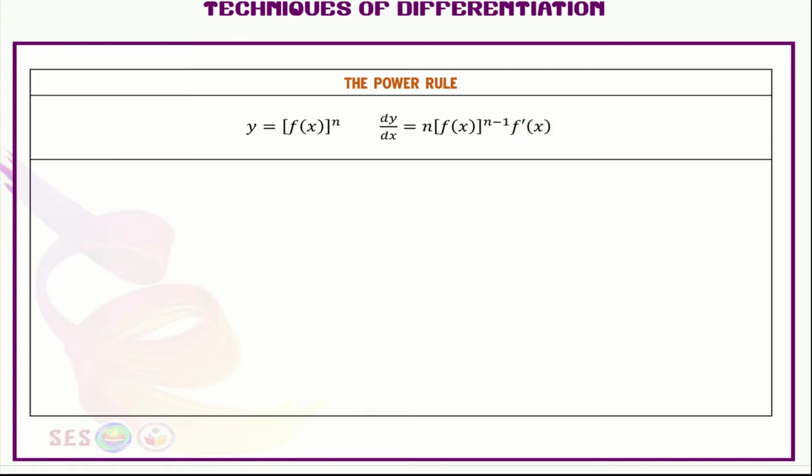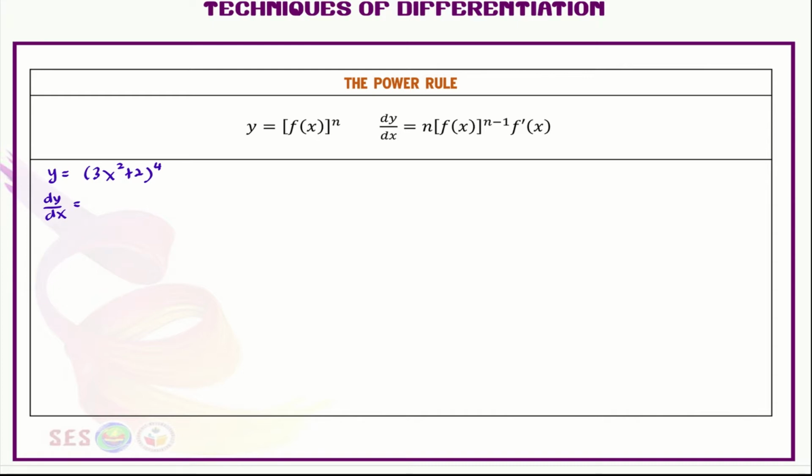Okay, let us discuss the example first. The first one, let's say we have y equals 3x squared plus 2, to the power of 4. By using the formula, we can write dy/dx, or y prime.